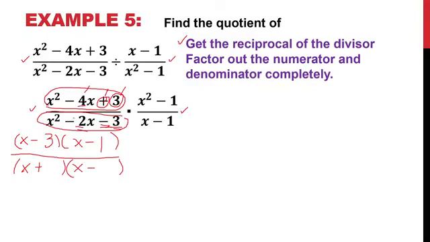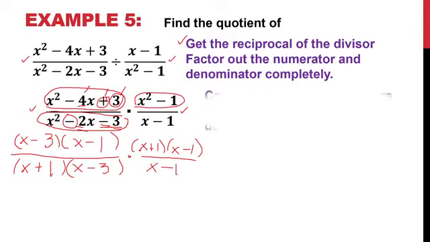That's totally correct. Then the bigger number carries the sign of the middle term. The sign of the middle term is negative, and the bigger factor is 3. So negative 3, positive 1. This is a difference of 2 squares. So you have x plus 1 and x minus 1, all over x minus 1.